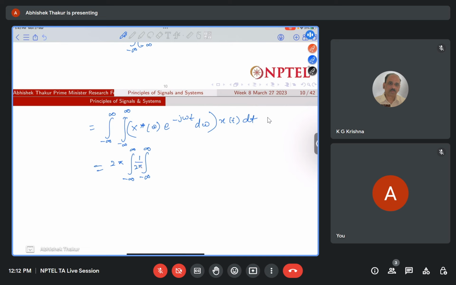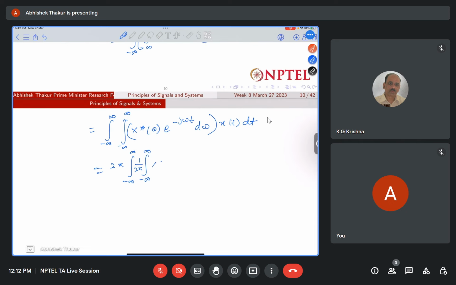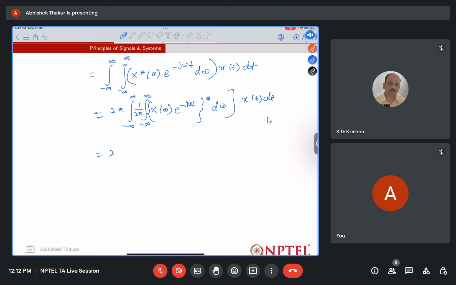So divide by 2 pi, X of omega into e to the power of j omega t d omega, and then x(t) dt. After all this, we get 2 pi, and this will be x conjugate of t multiplied with x(t) dt, which is mod of x(t) squared.